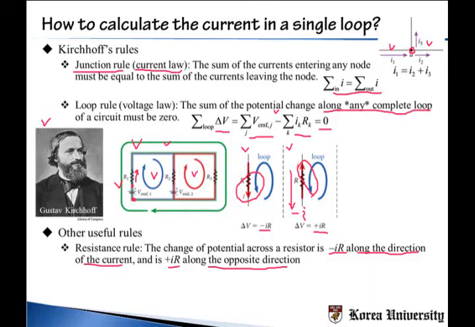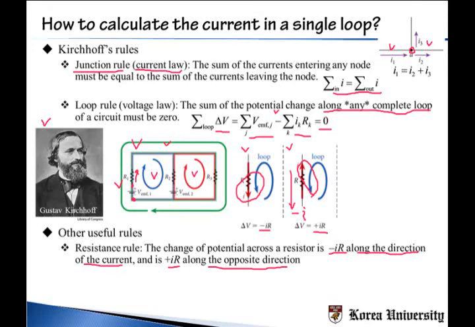Whenever you use these rules, you first have to assume the direction of the current. Then you might ask, how do we know the direction of the current even before calculating it? What I can tell you is that it doesn't really matter. Just assume the direction of the current for your convenience.